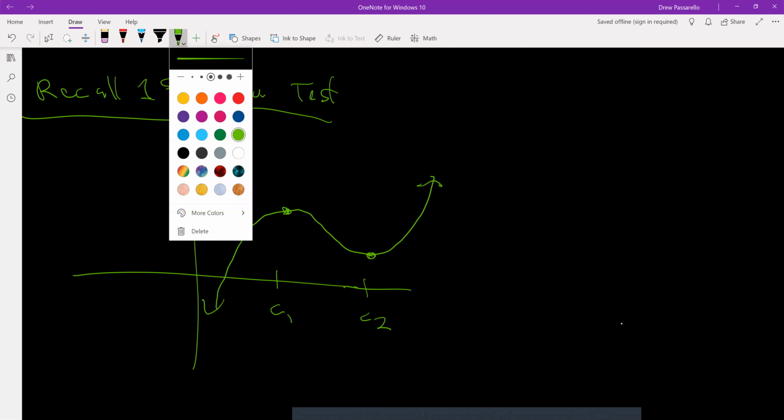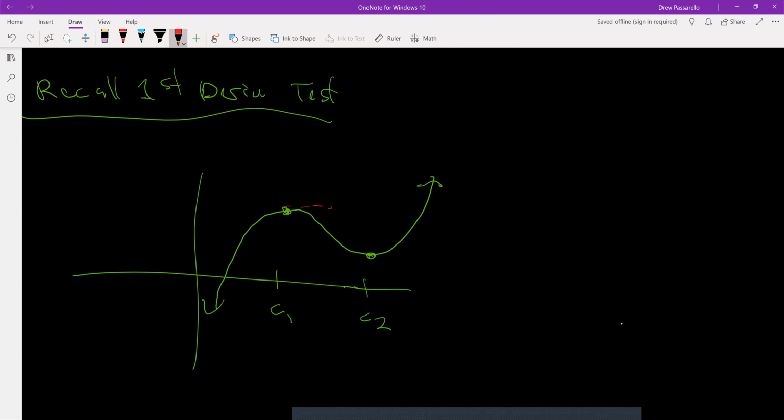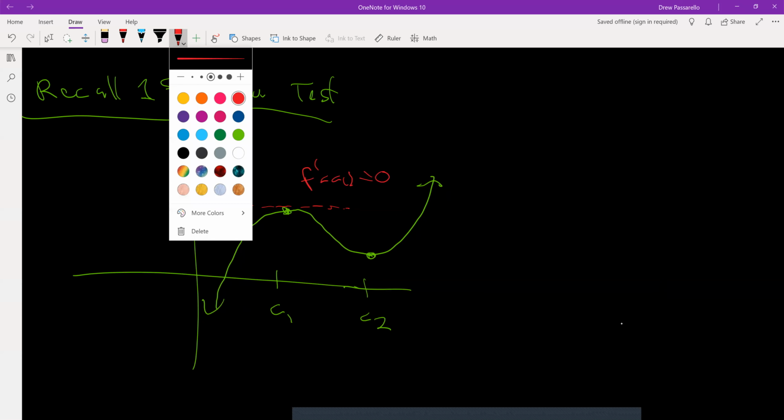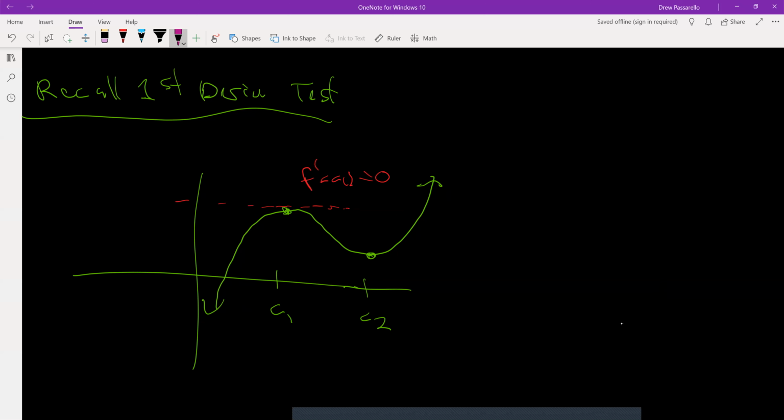Our first derivative test, you're going to have the critical numbers are the same. So the first derivative is 0 for each critical number. But then you'll notice that if it's a relative max, leading up to it on the left side of that max, the graph is increasing. And if it's increasing, that means the first derivative is positive. So f prime of x is greater than 0.